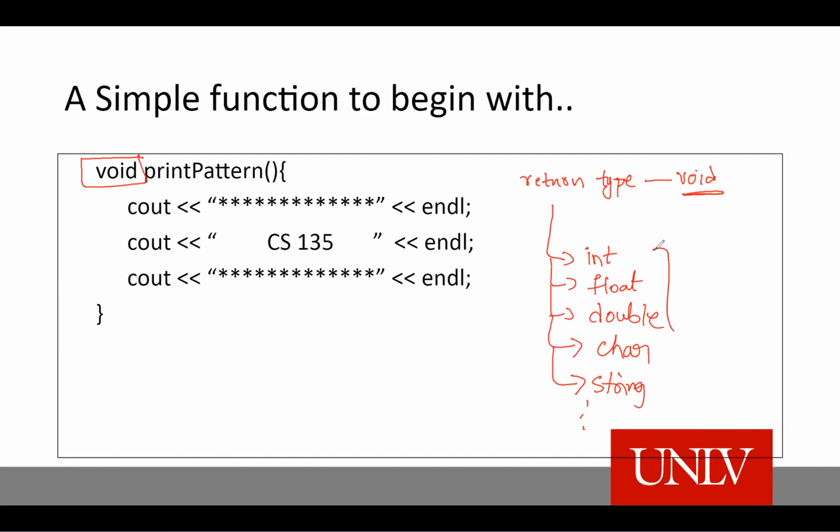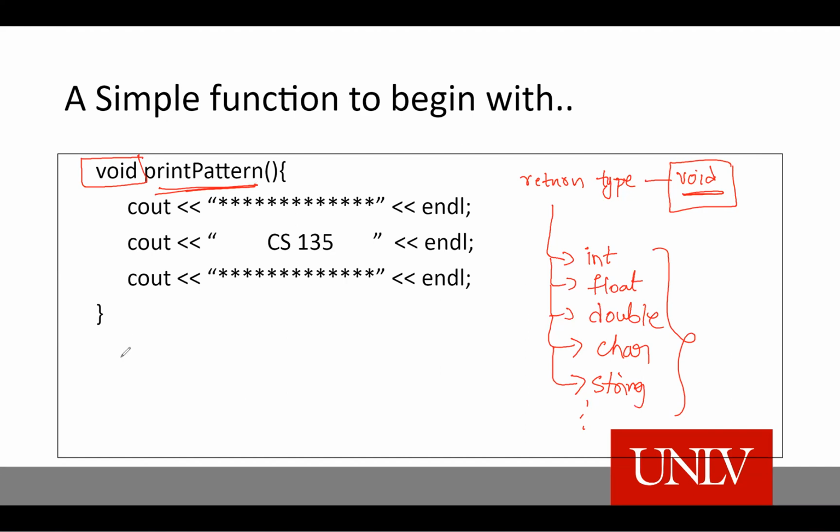These are all we are seeing in our day-to-day programming. But now, for the first time, we are seeing something called void. What void tells the computer is that this function, print pattern, which is the name of the function by the way, is not returning anything.